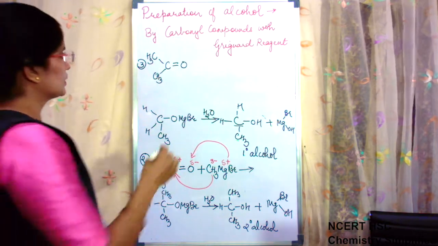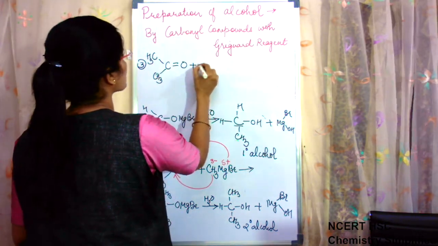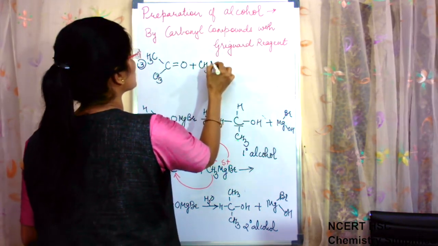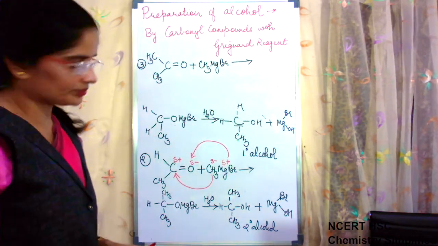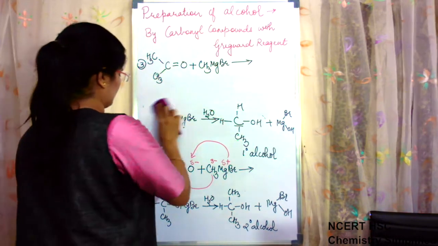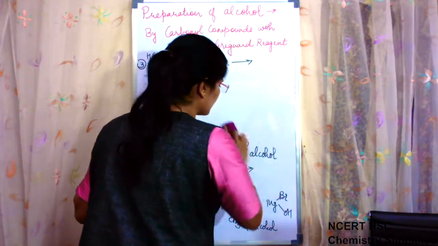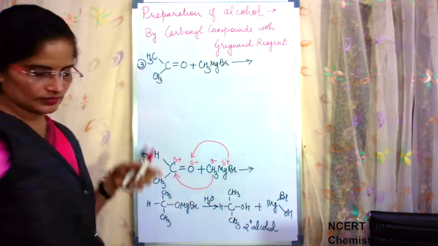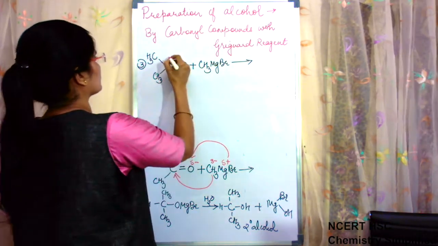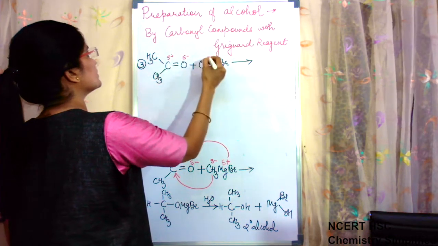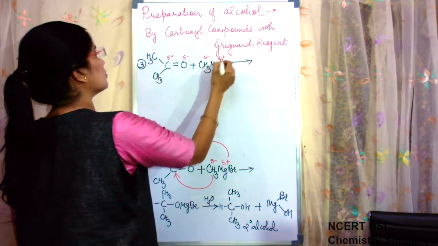When this ketone reacts with Grignard reagent CH3MgBr, in the first step again partial positive, negative, negative, positive.